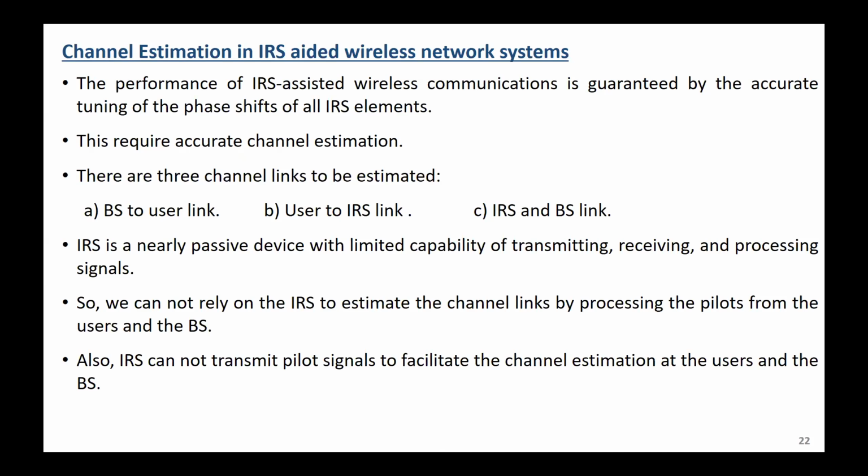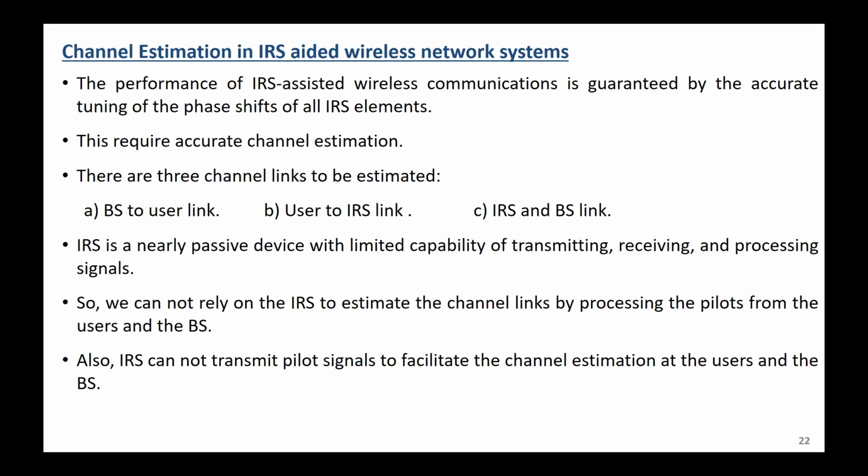By deploying this surface, we have 3 types of channel. We have the direct link channel, for example, base station to user. We have another channel from user to IRS, and we have another channel from IRS to base station. So the number of variables to be estimated is increased. This is number 1.